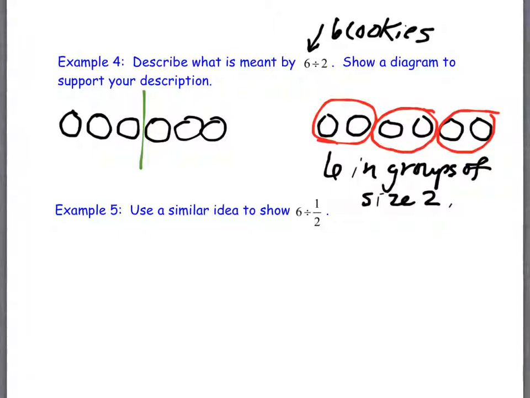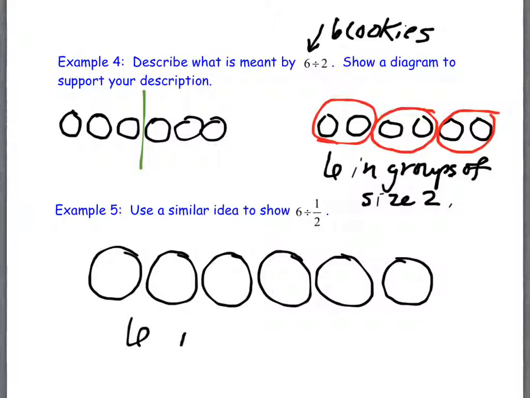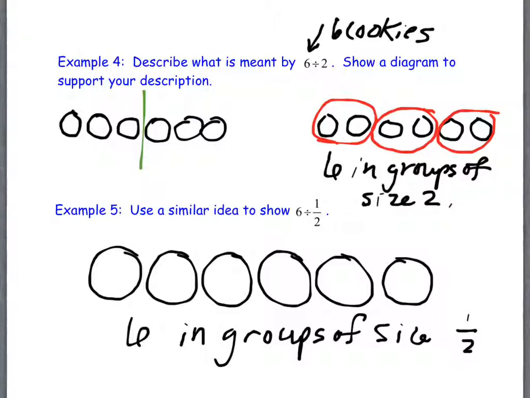Because imagine now what you have instead. You have 6 cookies. I'm making them big. Now I've got monster cookies. I want my 6 cookies in groups of size 1/2.